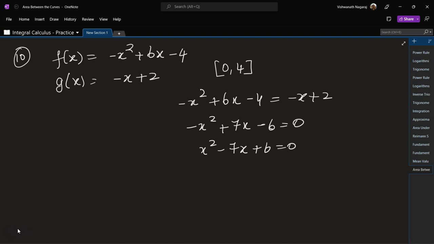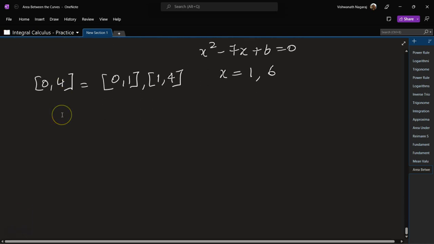And if we factorize this, we'll get x equal to 1 or 6. So these are the two values of x for which the curves will intersect. So which means our interval 0 to 4 will map to 0 to 1 and 1 to 4, because 6 is outside the domain.